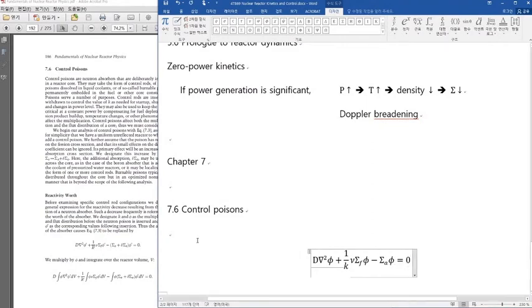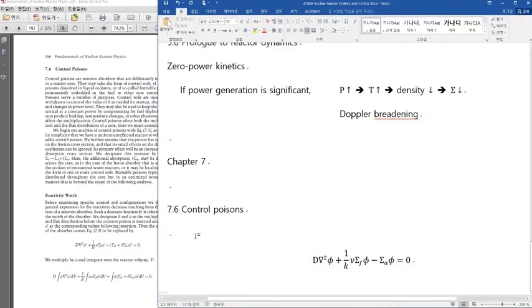It becomes 0. So this would be the diffusion equation before providing the negative reactivity.